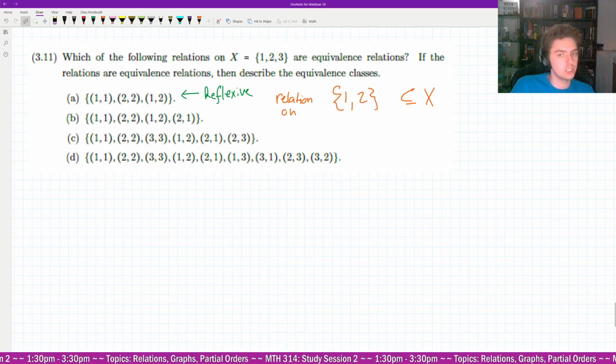If you assume that it's just a relation on {1, 2}, then it is reflexive, right? Because there's (1, 1), there's (2, 2). But it's for every element in X.